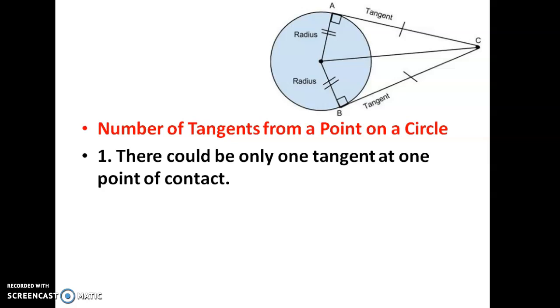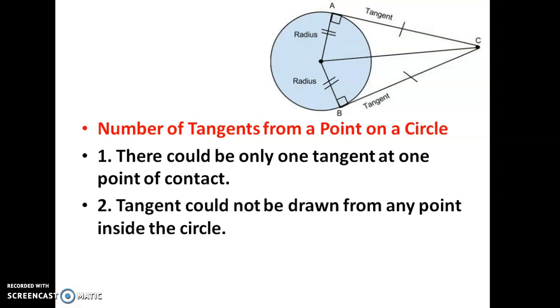I am not telling that a circle can have only one tangent. A circle can have infinitely many tangents, because it is made of points only. For each and every point you can draw a tangent. But at a particular point, suppose point A, only one tangent can be drawn.